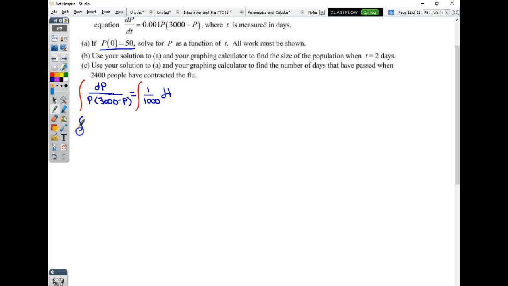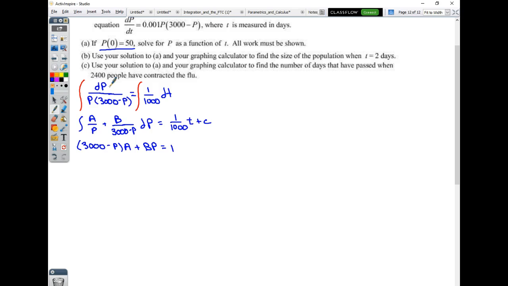So I can rewrite the left side as A over P plus B over (3000 minus P) dP, which equals, and I'll take the antiderivative of this side just so it is done, 1000t plus C, and I'm just going to leave that side as it stands. So this becomes (3000 minus P) times A plus B times P equals 1 from here.